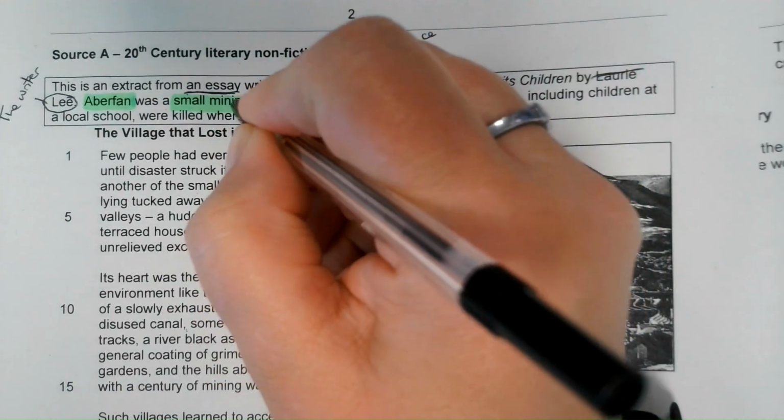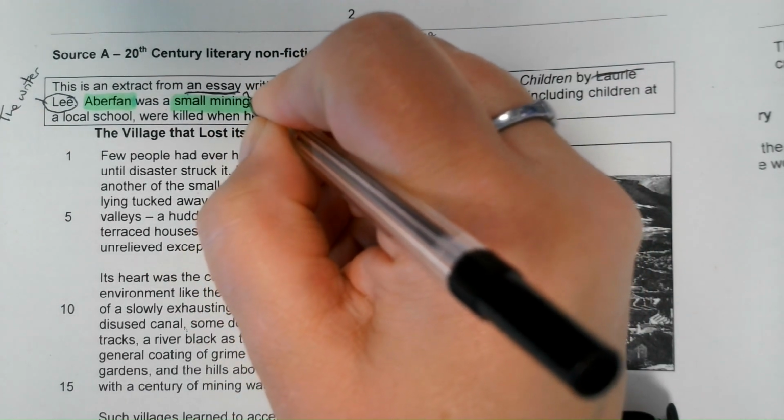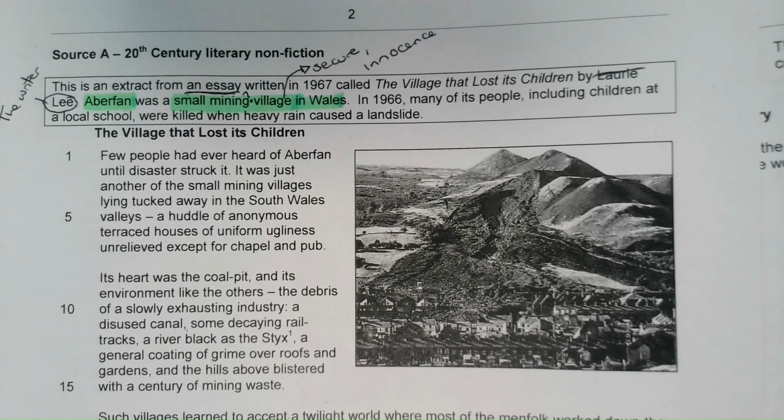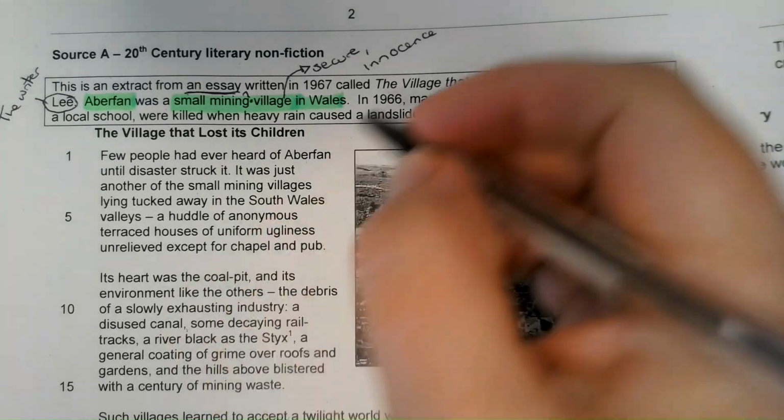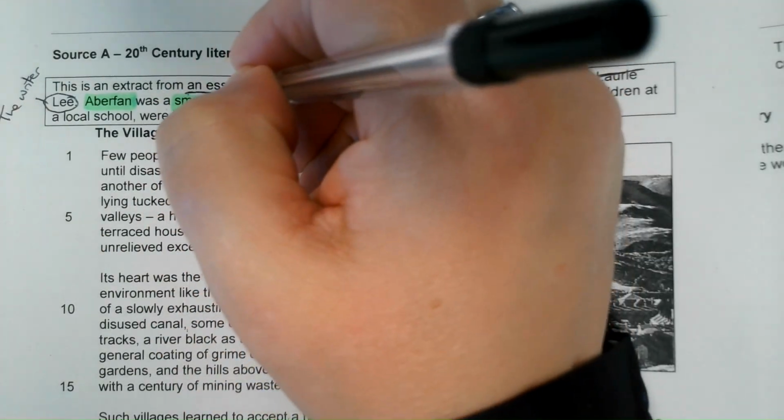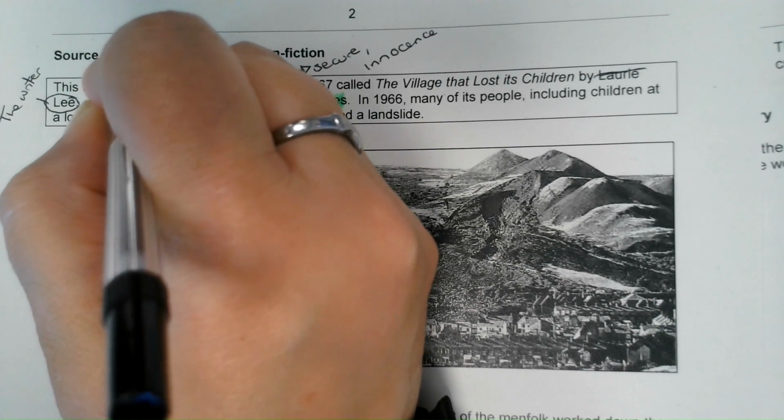But then maybe the mining aspect, we've done about the industrial age and the exploitation of workers when we were reading our power and conflict poetry. So there is some sense of corruption there, and maybe exploitation.